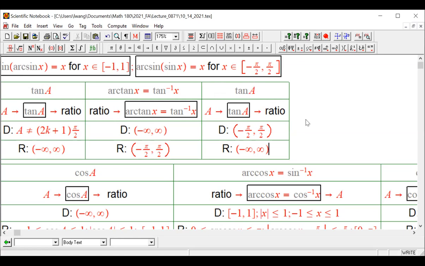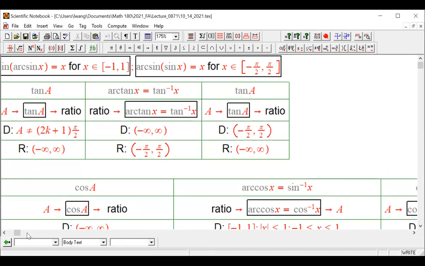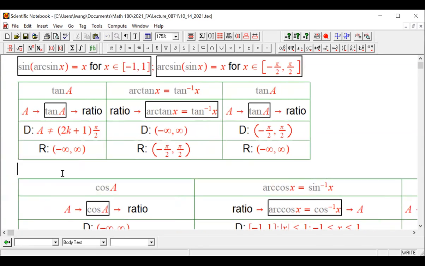So when otherwise specified, we also have these two forms. What are these two forms? The first is tan of arctan of x, and that should equal x for any number in the domain of arctangent, which is from negative infinity to positive infinity. So this is unconditional; it's always true.